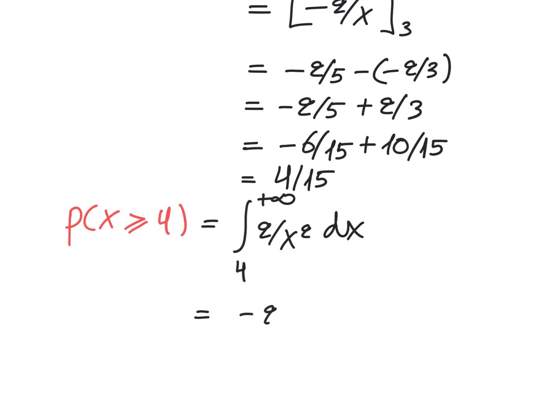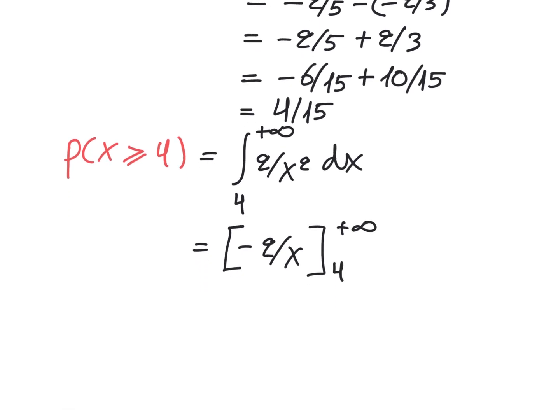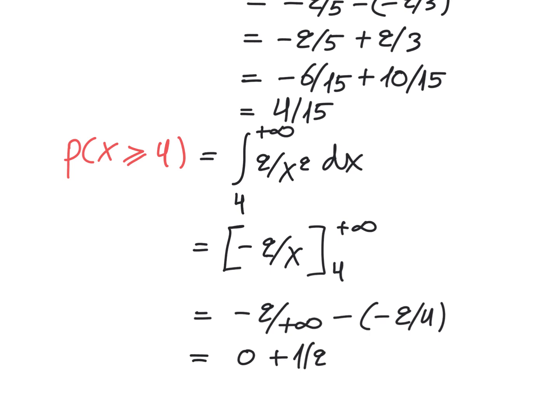That was minus 2 over x. And if we now plug in the boundary values, 4 and plus infinity, if you plug in infinity, we get minus 2 over plus infinity, which is actually 0, and then minus minus 2 over 4. So we get 0 plus 1 over 2, so a half.